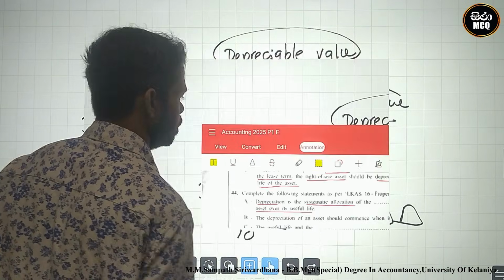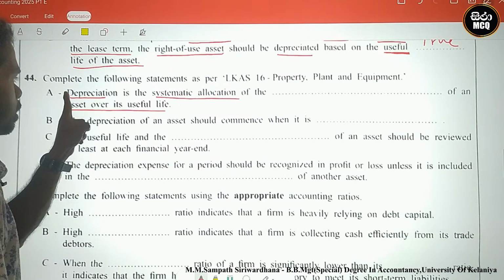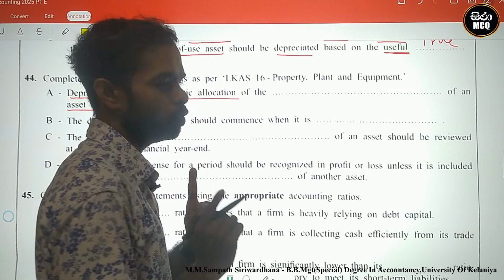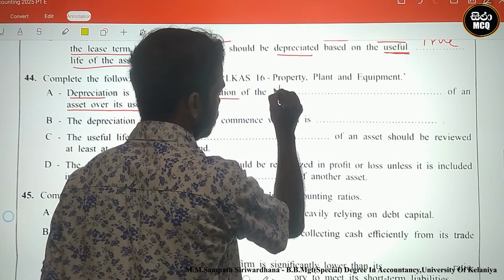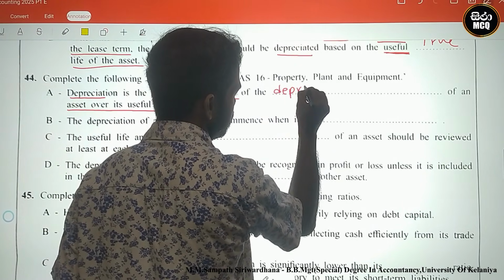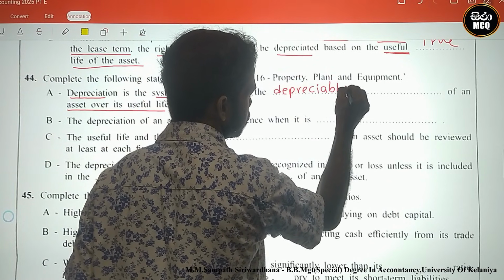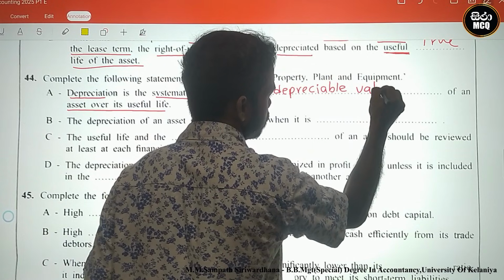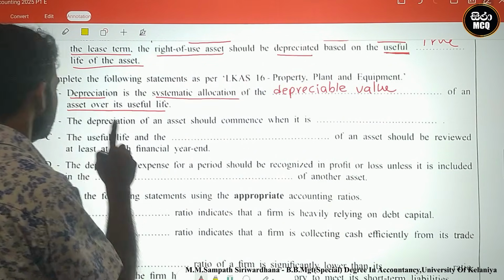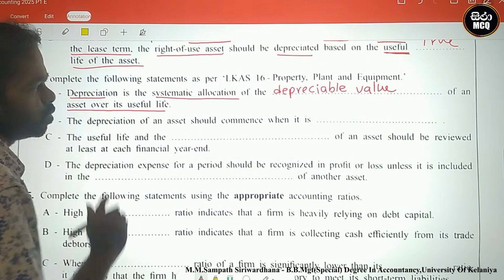Depreciation is the systematic allocation of which amount? Depreciable value of an asset over its useful lifetime.